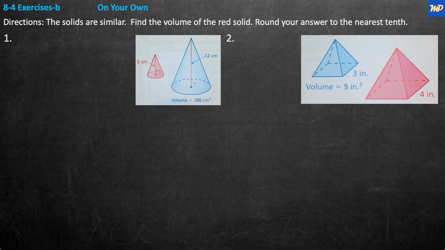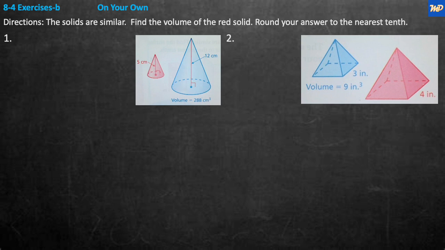We want the volume of the red. Same on the square pyramids. You have 9 cubic inch volume for the blue pyramid with a 3-inch base length, and a 4-inch base length on the pink or red one, whichever one that is. And we're looking for the volume of the red one. So give it a shot. When you get back, we'll do it together.